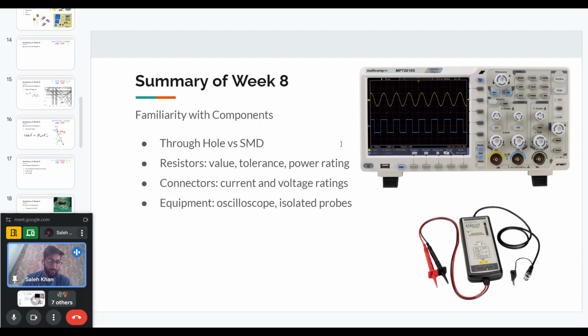You have to get familiar with oscilloscopes, and this can mainly be done by actually handling the oscilloscope and doing the measurements. It is very difficult to explain in an online session. You have to actually do it hands-on, and then you will understand how to use them. But you can read the data sheets and the manuals to see how they work.